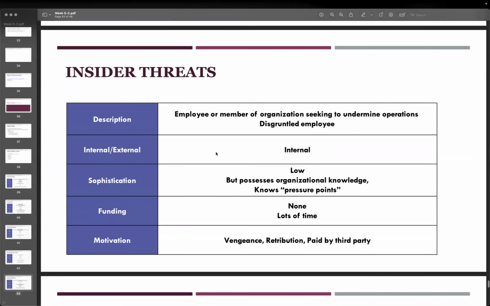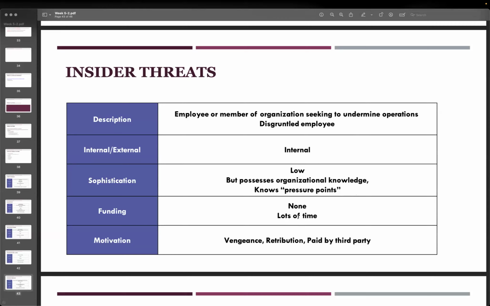Then insiders, including employees or members of the organization, who seek to undermine operations. That's why we say the insider is internal with pretty low sophistication, but they possess organizational knowledge, which is called a pressure point.